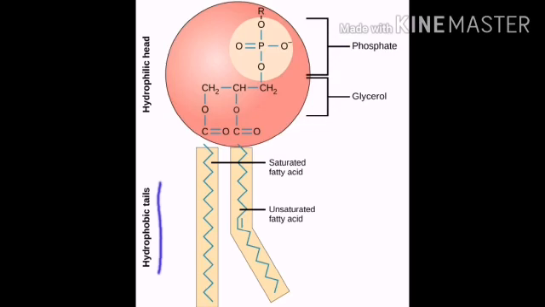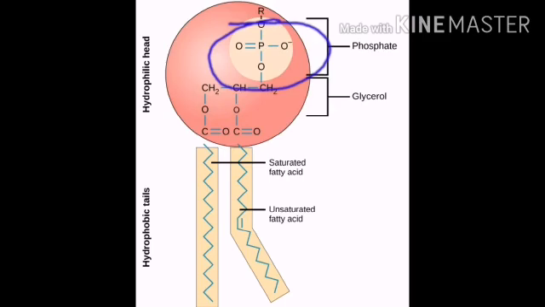You will learn in your chemistry class that water is a polar molecule, so it is attracted towards charged particles. And then you have a phosphate head right over here, and as you can clearly see, this has some charge.